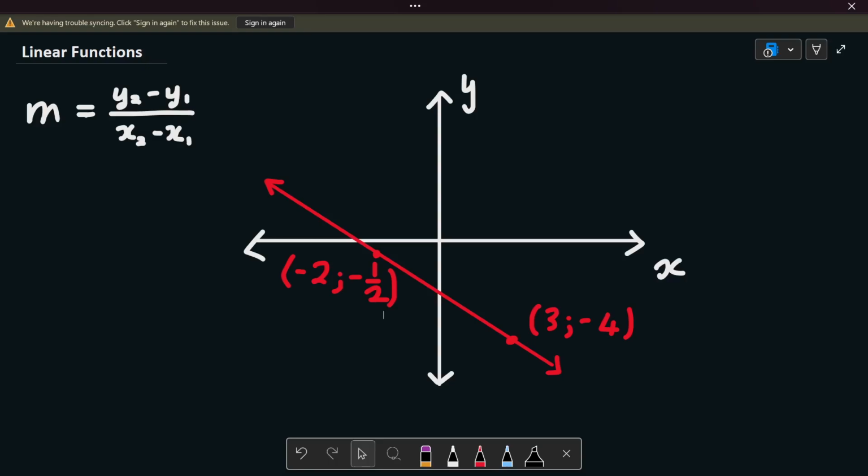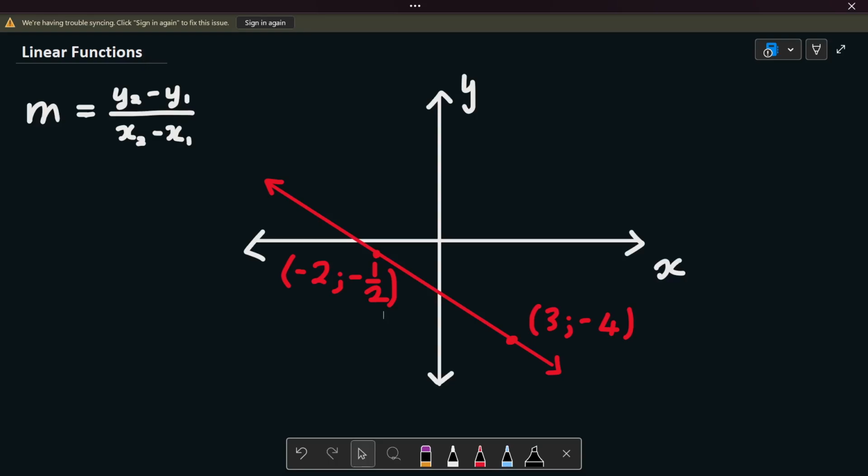Now, I gave you two coordinate sets. In the last one, we dealt with coordinate points on the x-axis and the y-axis, so basically the x-intercept and the y-intercept. But this time, I just gave you two random points, but remember, they both lie on the same function. So therefore, we can actually find the gradient of this one.